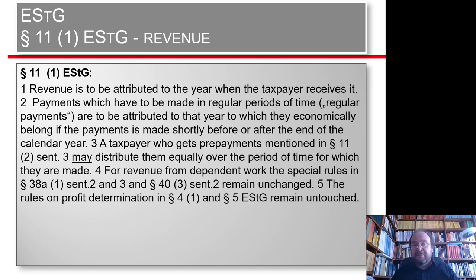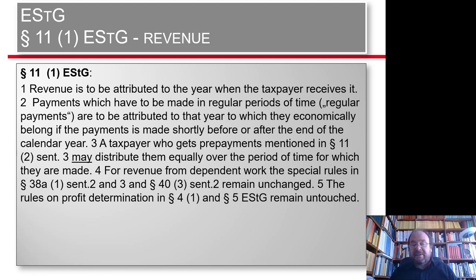Revenue is to be attributed to that year when the taxpayer receives it. A special rule, payments which have to be made in regular periods of time, regular payments, are to be attributed to that year to which they economically belong if the payment is made shortly before or after the end of the calendar year.